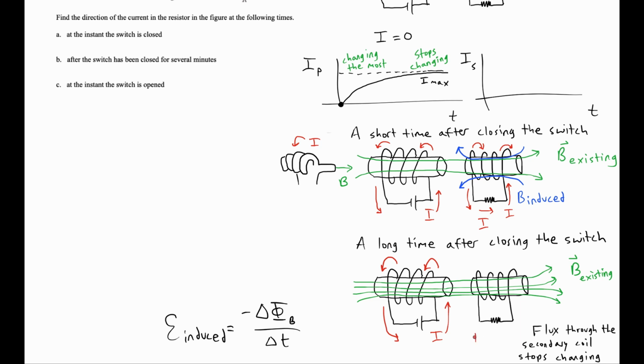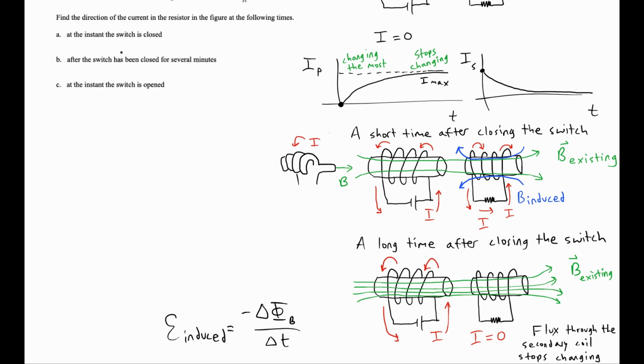So at that time, the current will approach zero and it'll stop flowing. So this is only a temporary phenomenon that we'll see. When we flip the switch, there'll be this induced current created, but it doesn't last. Eventually, that current in the secondary coil will decay towards zero.